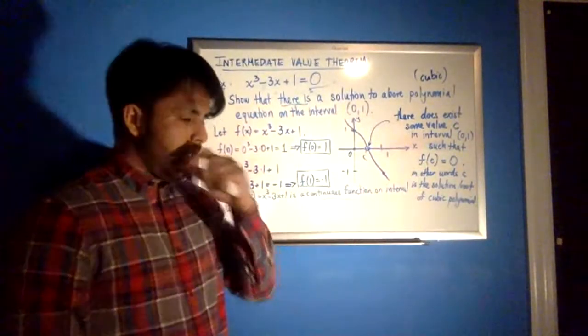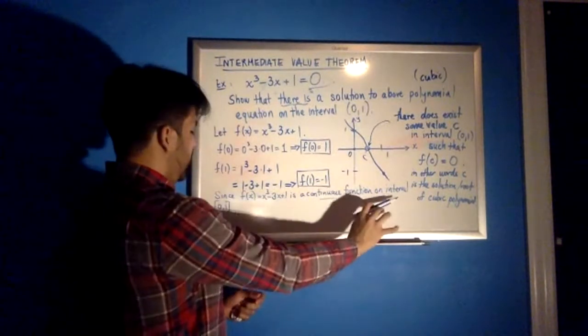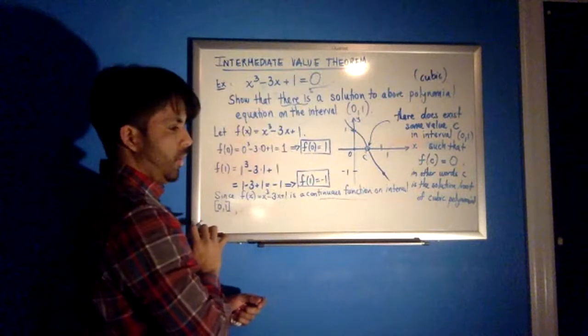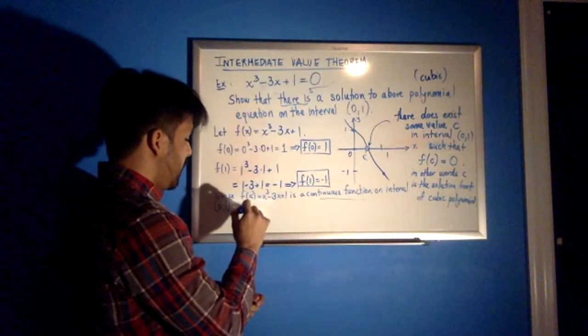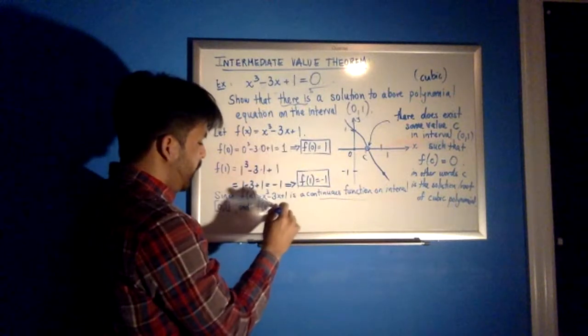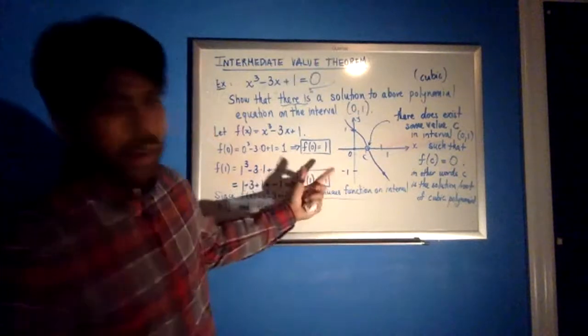The second requirement is, since the function is continuous on the interval 0, comma 1, and f of 0, which was 1, is above 0, and 0 is above f of 1, which we found to be negative 1, right?